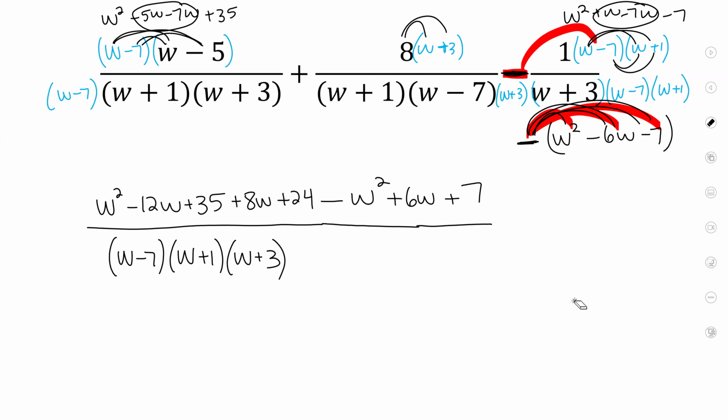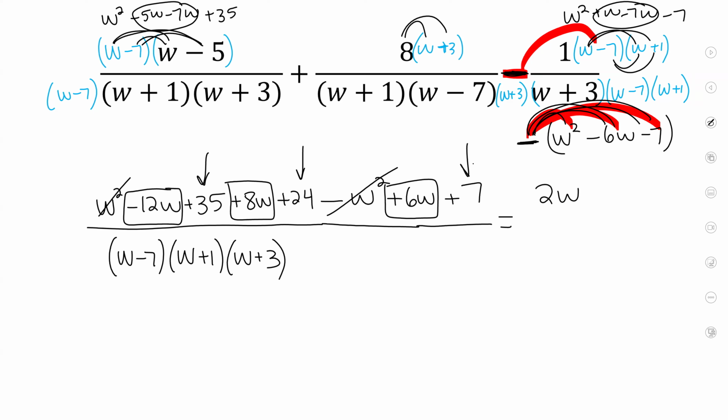Okay, so now let's combine the numerators. W squared cancels out with negative W squared. Negative 12W plus 8W plus 6W, that is 2W. 35 plus 24 plus 7 is 66.